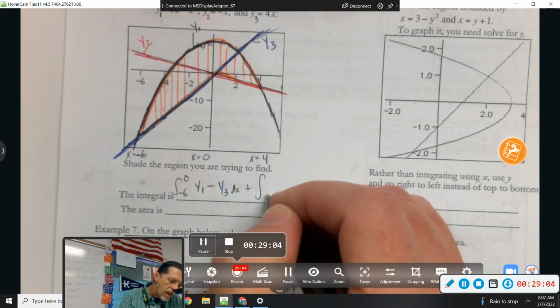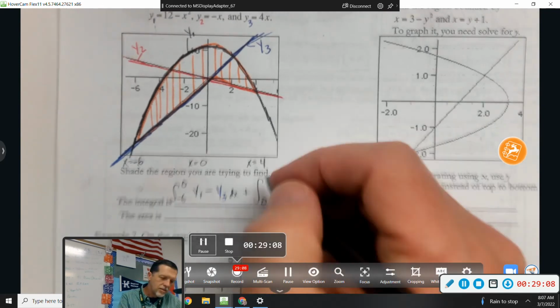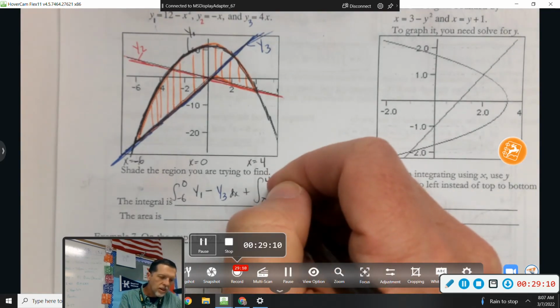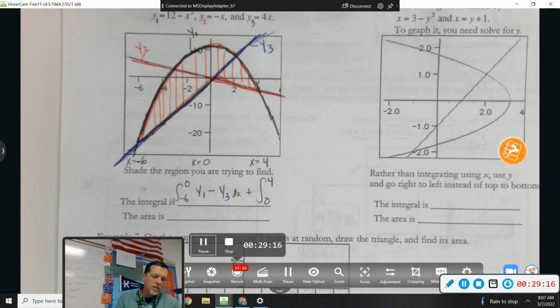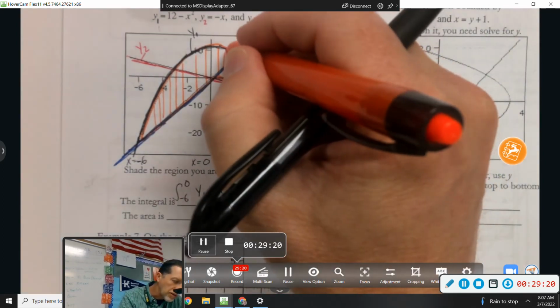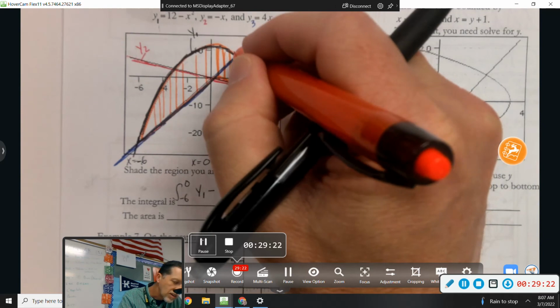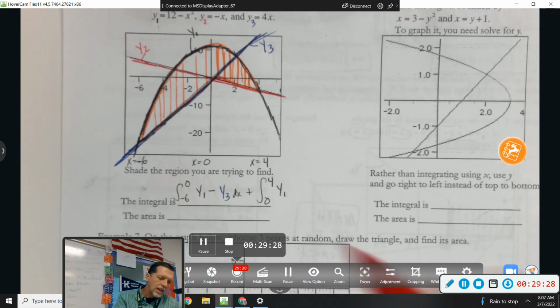And then from 0 to 4, who's the top guy? Look at your area. Don't look at y3 going way up there, but from my area pieces, the top one is y1 again, and the bottom one is y2.